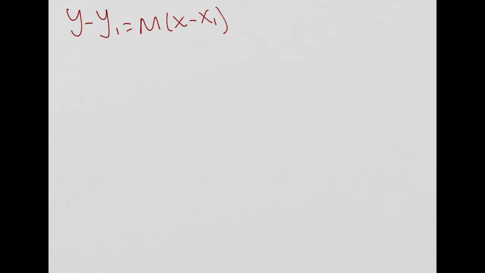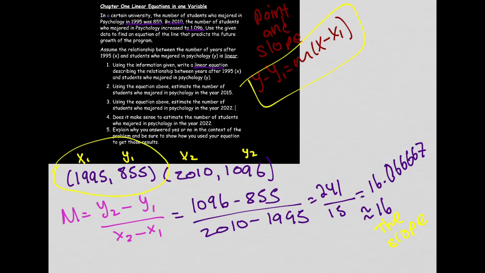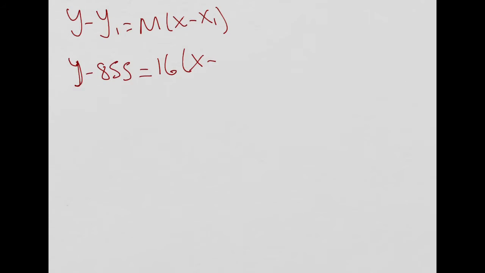Y is 855. So Y minus 855. I said my slope is 16. X minus 1995. Let's go ahead and distribute. Y minus 855 stays. We have 16x. 1995 times 16 gives me minus 31,920.